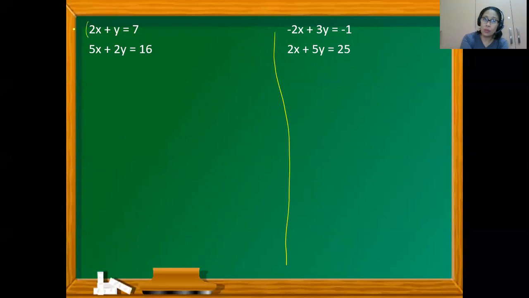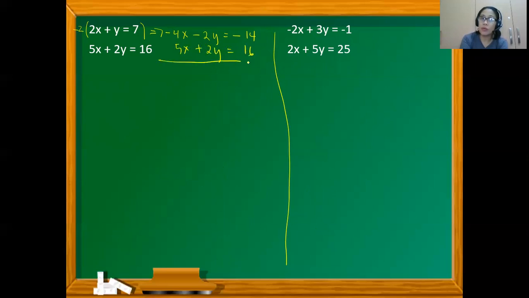So we will multiply each of the terms here by negative 2. So we have negative 4x minus 2y equals negative 14. Then we will rewrite the second equation here. So we have 5x plus 2y equals 16.